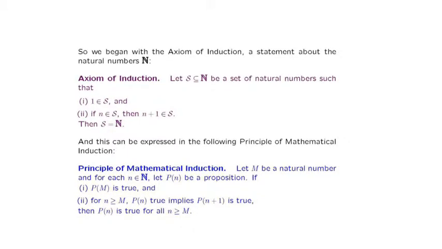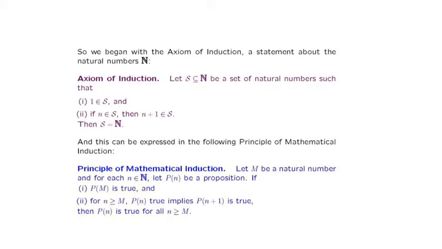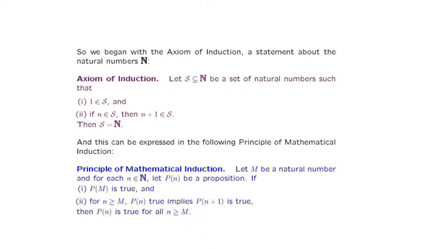And it is this principle that we shall apply in all of our examples. What it says is, let m be a natural number, and for each n belonging to N, let P(n) be a proposition.